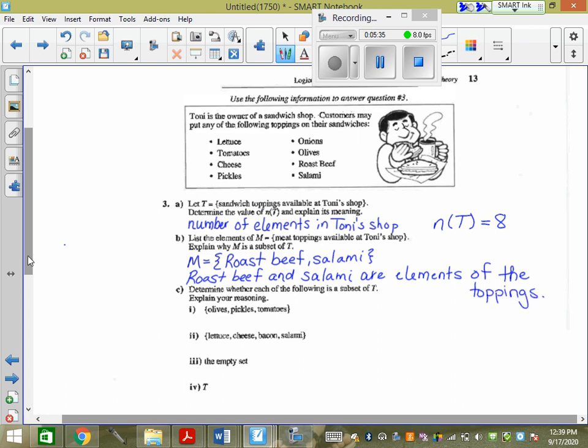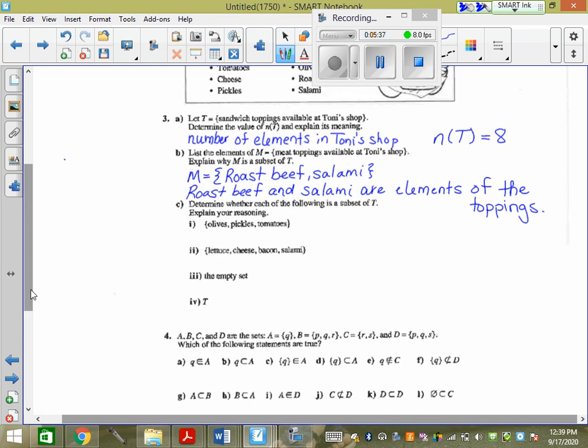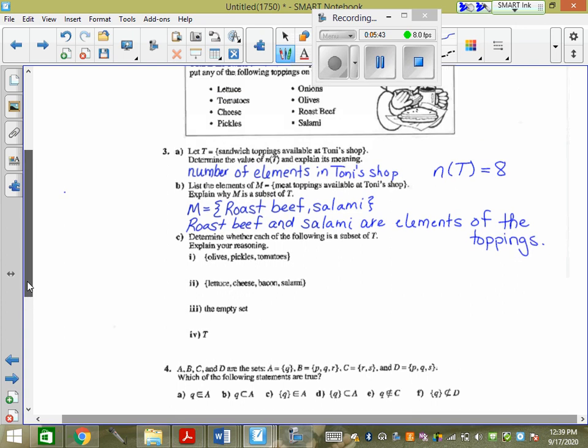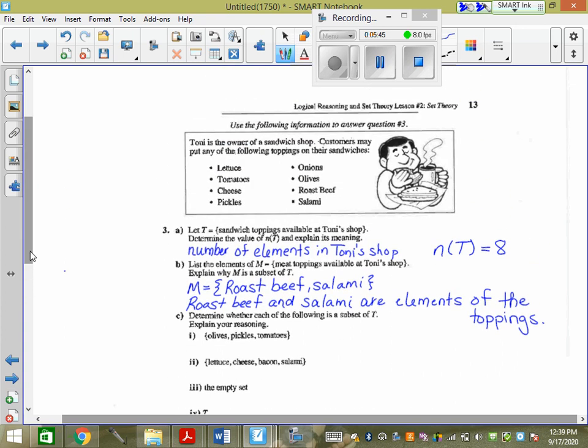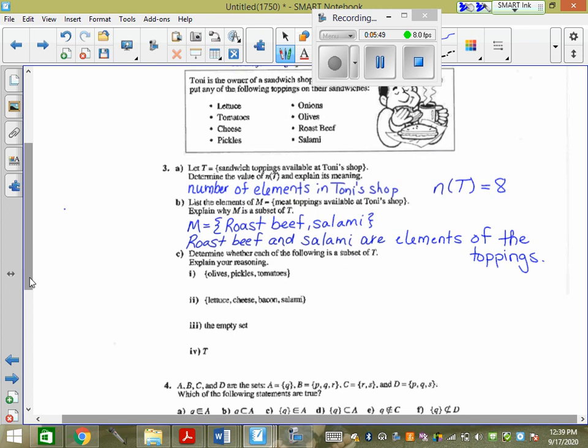C says, determine whether each of the following is a subset of T. Explain your reasoning. So are olives, pickles, and tomatoes a subset of T? Are they all found in T? Yes, they are a subset. And it says, explain your reasoning. So if all you wrote is yes, they are a subset, you wouldn't get full marks.